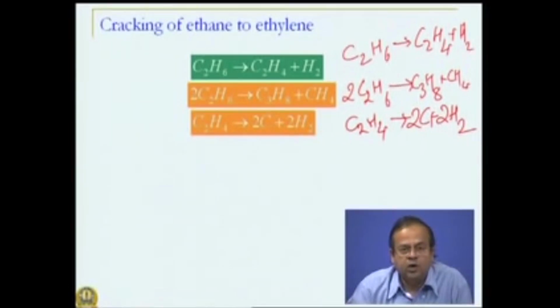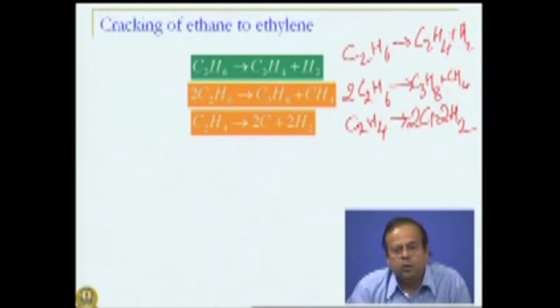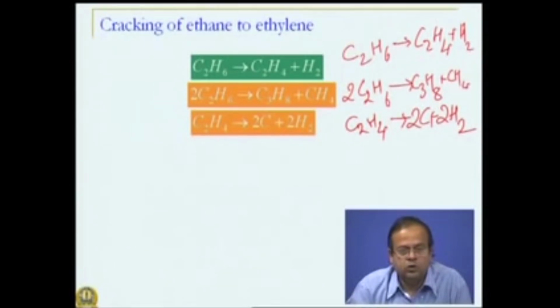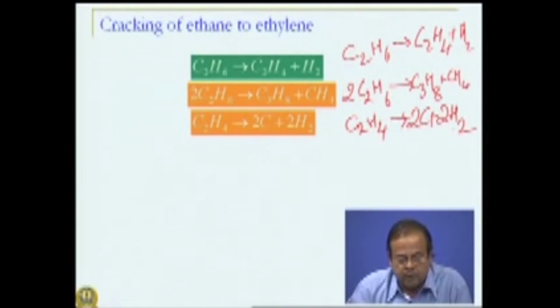So, this carbon will deposit along the walls of the reactor, it will foul the reactor, it will alter the heat transfer ability in the reactor and so on. So many things can happen, or it may even block the entire tube if this is carried out in a very small diameter tube. So, these are situations which certainly we do not want, but they are likely to be present.